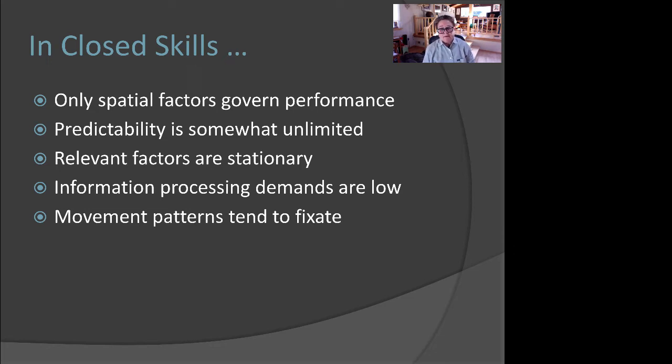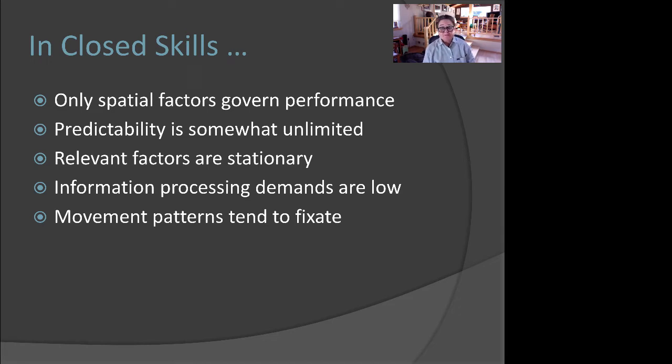Predictability is somewhat unlimited. In other words, I could make predictions about the environment. Think about the basketball foul shot as a closed skill. I see where the teams are lined up along the foul lines or the boundary lines in the key. So that gives me a lot of information in advance in terms of how I would want to manage my free throw and where I would want to go after that.